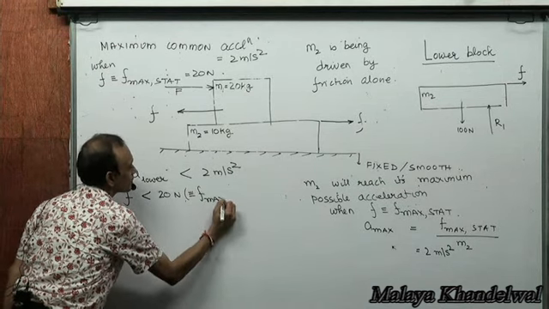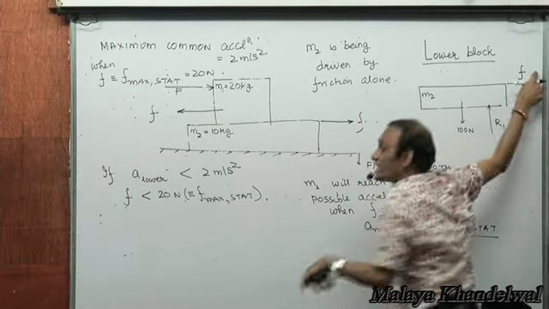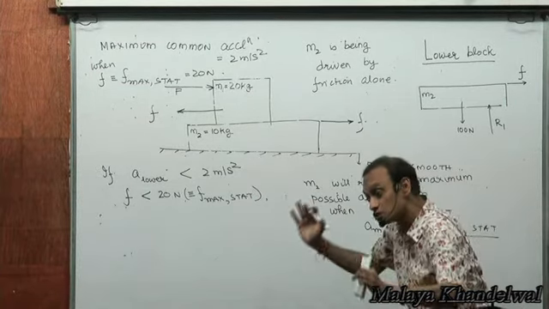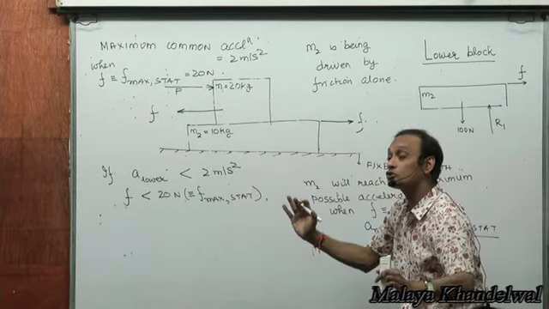Yes or no? And if the friction between the two surfaces is less than maximum static friction, that means there is no relative motion between the two bodies, because the frictional force is static in character. The moment you know that frictional force is less than maximum static, there is no relative motion between the two surfaces.